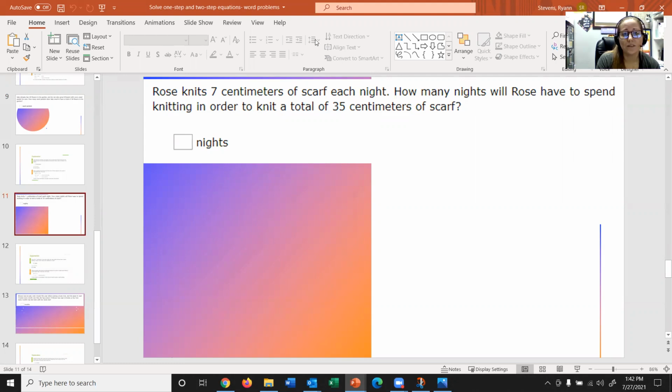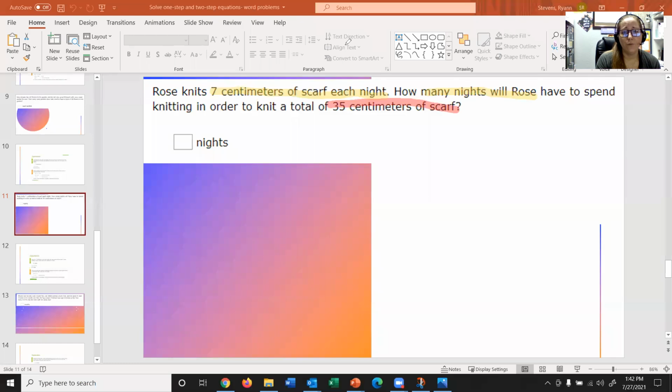Okay, so we're going to start by getting those important pieces of information. And it says that Rose knits 7 centimeters of scarf each night. Okay, and we want to know how many nights, so I'm going to highlight this in yellow, how many nights will Rose have to spend in order to get to a total of 35 centimeters of scarf?